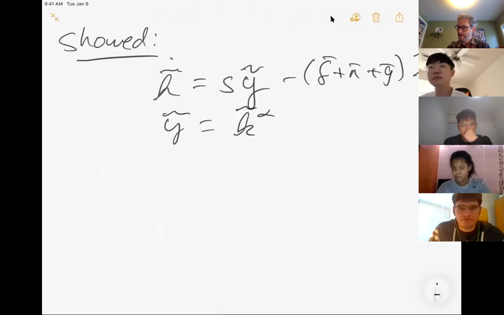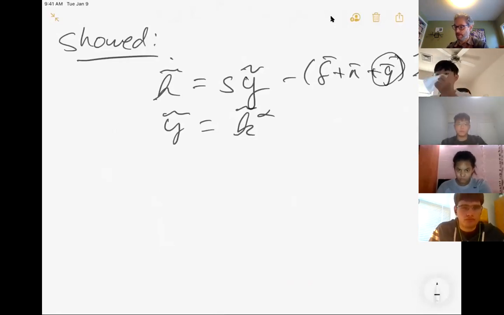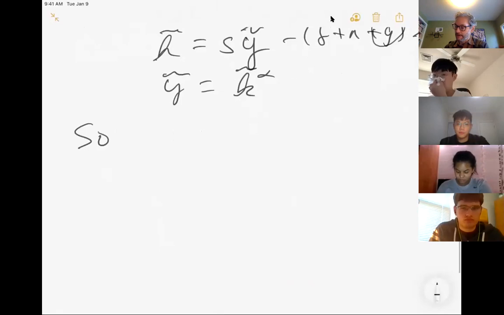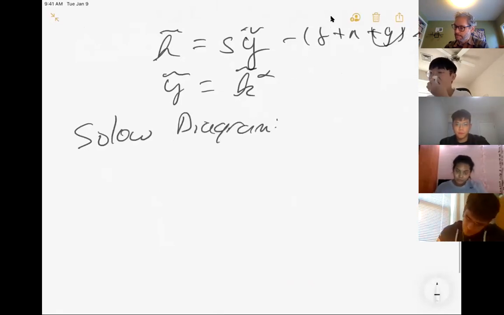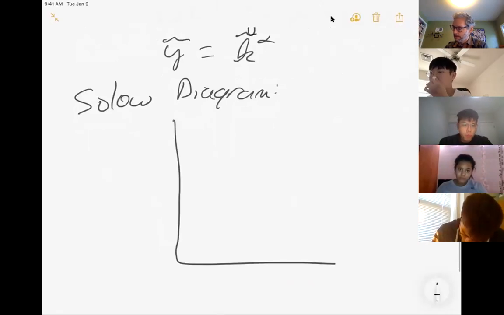And so the big things that are different here is, of course, we've had the tildes, but now notice relative to before, G bar shows up in here because now we have technology growth. So our Solow diagram now looks like this.